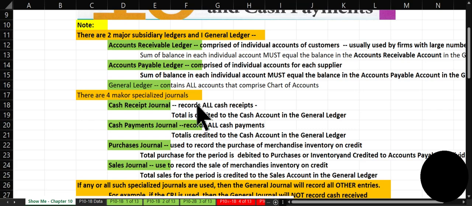But notice it records all cash receipts, regardless of the source of the cash. The total in your cash receipts journal is debited to the cash account in the general ledger. So we are not changing the way that we record cash receipts.